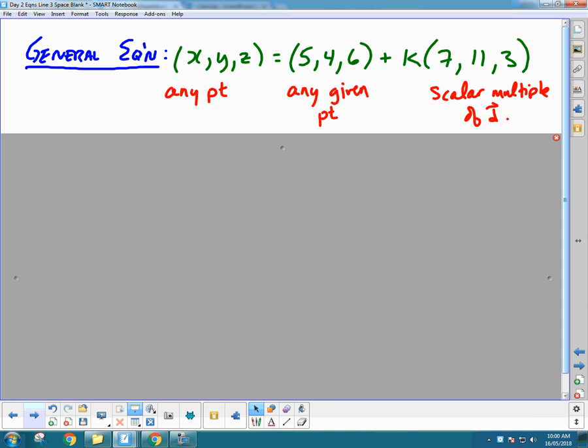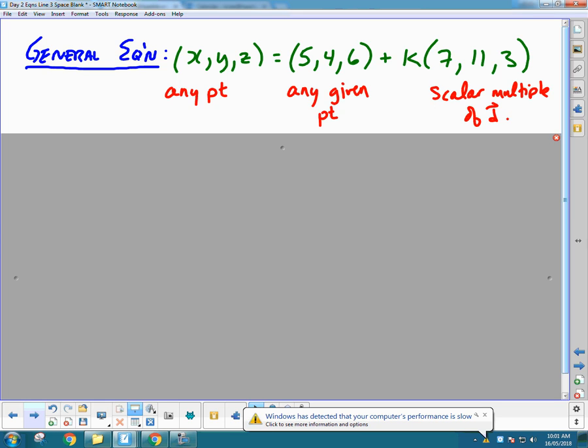This is the best equation of the line to visualize what's going on. So remember, like I showed you yesterday, you take the point and you add scalar multiples of the direction vector on any spot in the line. You'll get any other point on that line. You can take the big ones that get you in the positive direction, the little ones, and the little ones in the negative and the positive direction.